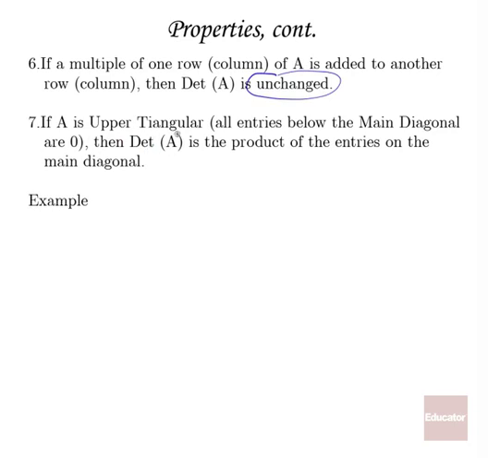Now, the 7th property, very, very important. If A is upper triangular, that means all entries below the main diagonal are 0, then the determinant of A is the product of the entries on the main diagonal. An upper triangular matrix looks like, let's just say 1, 2, 3, let's say 3, 4, 6.